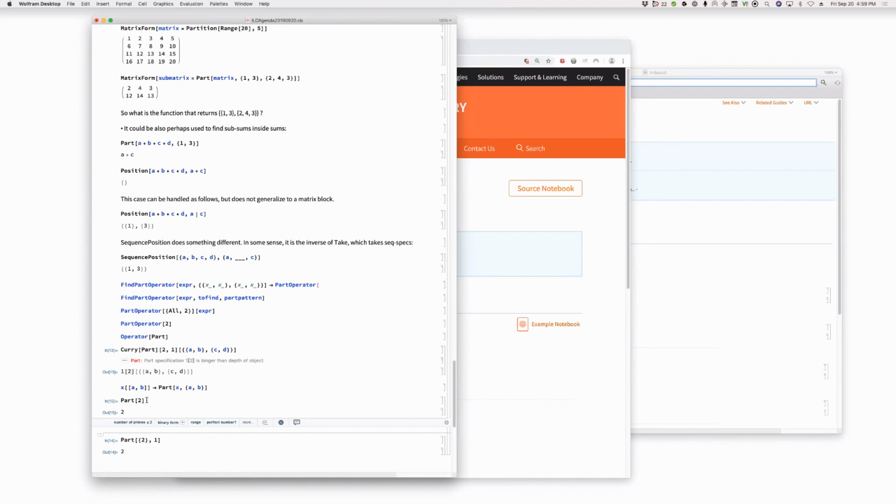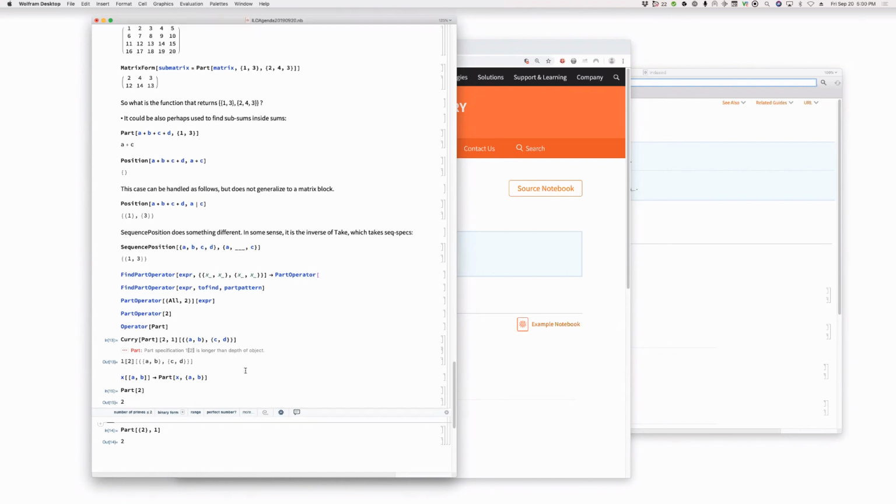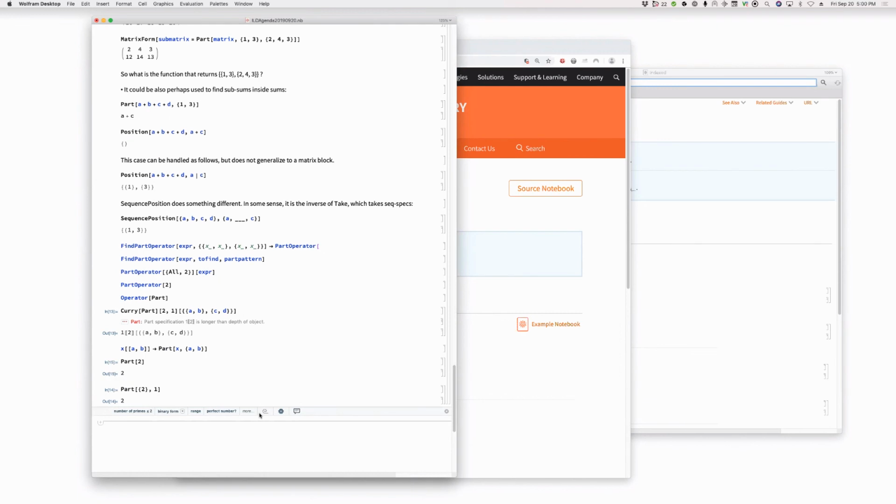I think part operator is the only possibility. I don't think there's any plausible syntax for it.